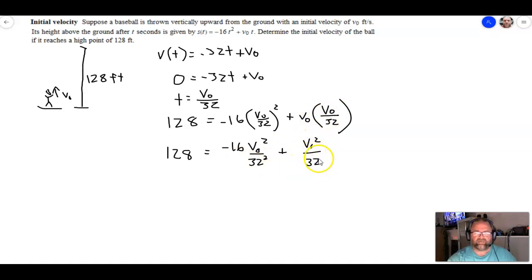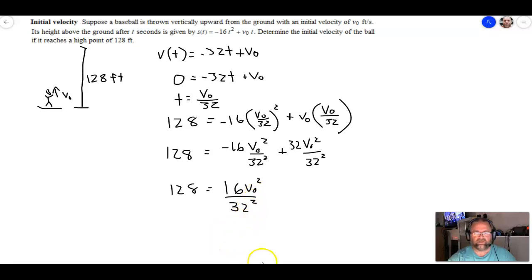I want to get a common denominator, so I'm going to multiply the top and the bottom by 32. That'll give me a 32 squared on the bottom and a 32 up here. And let me go ahead and do that with a different line here. So 128 is going to be equal to negative 16, and 32 is 16 v naught squared all over 32 squared.